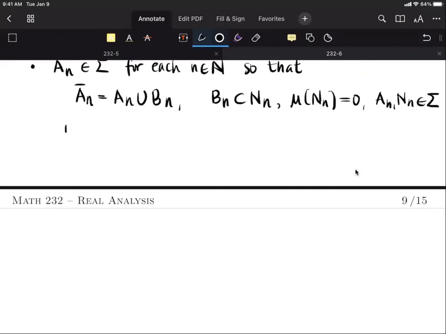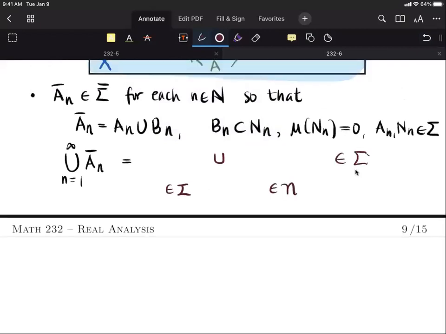So we would like to look at the union of A n bars. And again, to verify that this is in sigma, it is enough to write this again as a union of two elements, one in sigma and one in N. Well, from this equation, we can split the union into two parts.